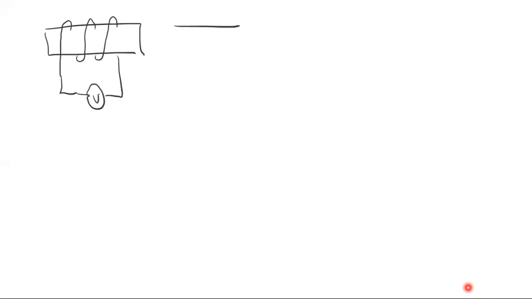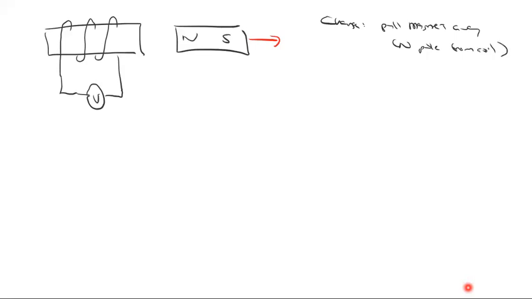I've got a magnet and I want to pull it away. So my change is I want to pull the magnet away. More technically, it's the north pole I'm pulling away from the coil. That's what I'm trying to do.